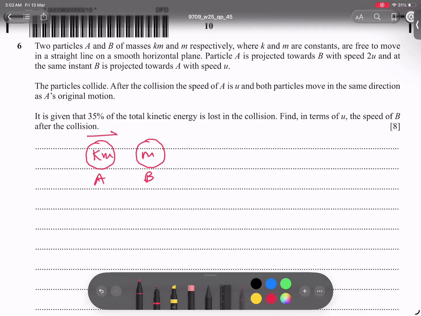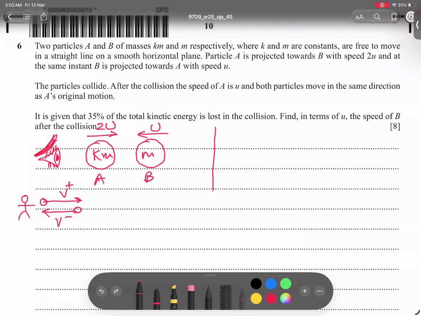This is going towards here at 2u, and this is moving towards here at u. You know, students, we have a basic criterion. Look, it's very clear: if the particle is going away from the observer, velocity is positive; coming back to the observer, velocity is negative. So this is coming back to the observer and this is going away from the observer. So this speed we count as negative.